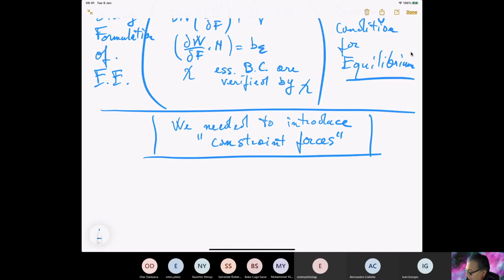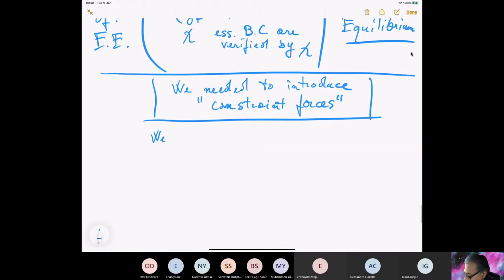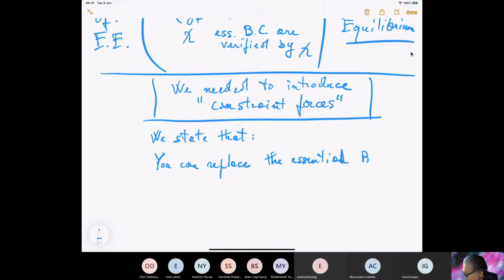We state that you can replace the essential boundary conditions with suitable external forces.